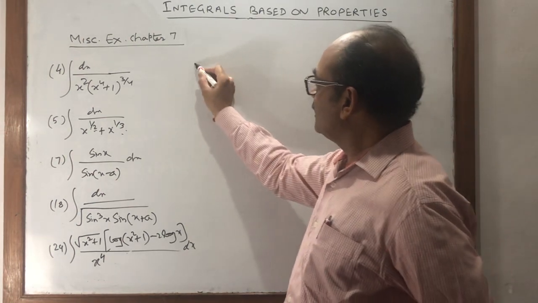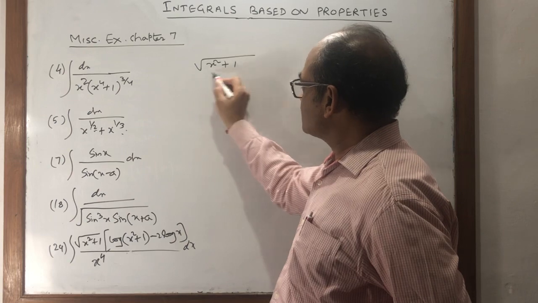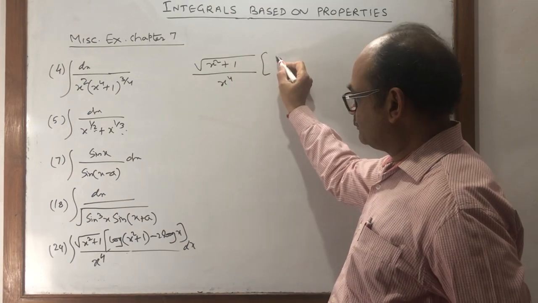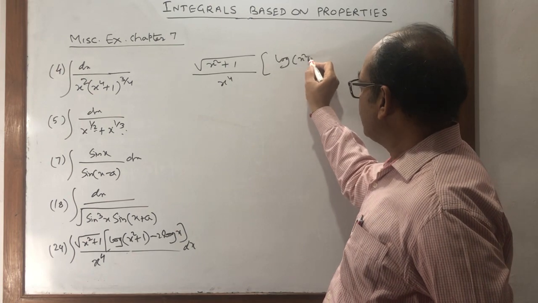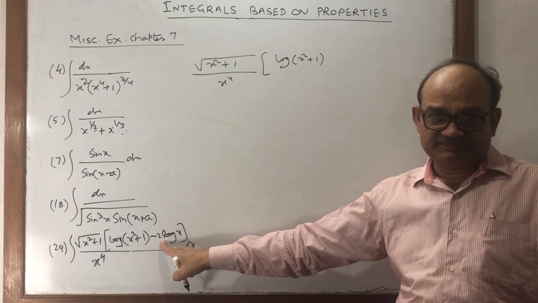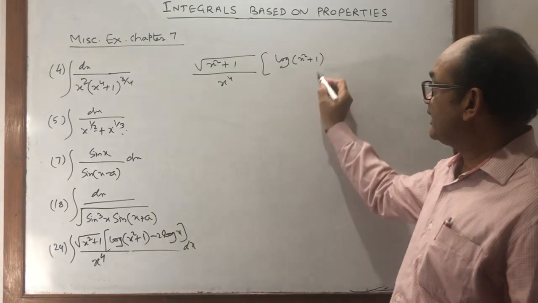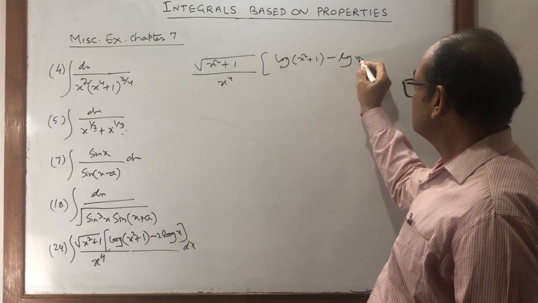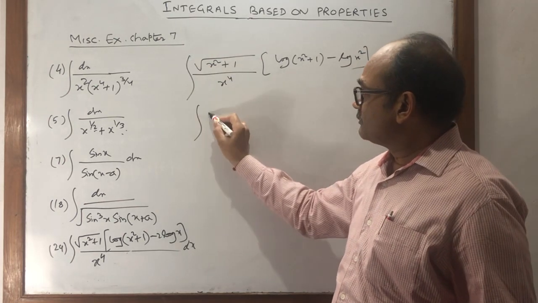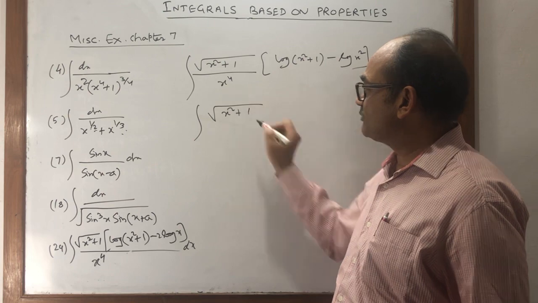Now, the integral of root of cos x square plus 1 divided by x to the power 4 into log of x square plus 1. Now tell me, it is 2 log cos x, where 2 means power. We can write it like minus log x square. In the second one, x square plus 1 is here.